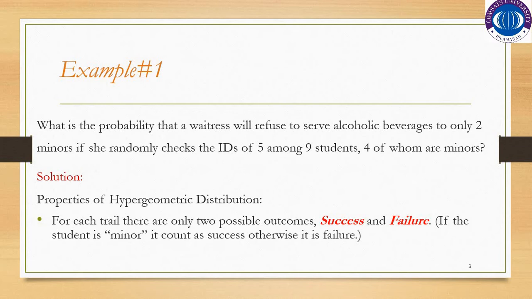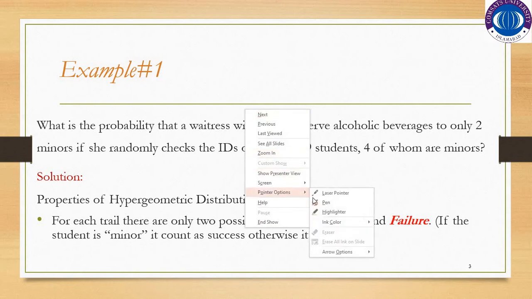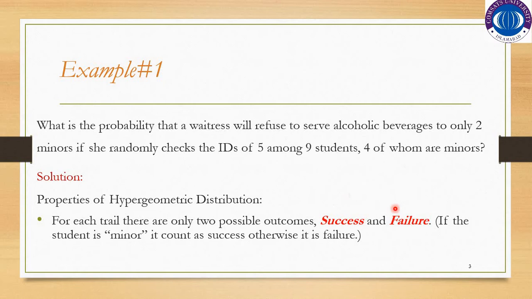First, we will see whether the properties of the hypergeometric distribution are fulfilled by the scenario or not. The very first property is, for each trial, there are only 2 possible outcomes, success and failure. So there are 9 students and each student is a trial. If she checks the ID and finds out that the student is a minor, it will count as success, as we are interested in the probability that the waitress will refuse to serve the beverage to the minor.